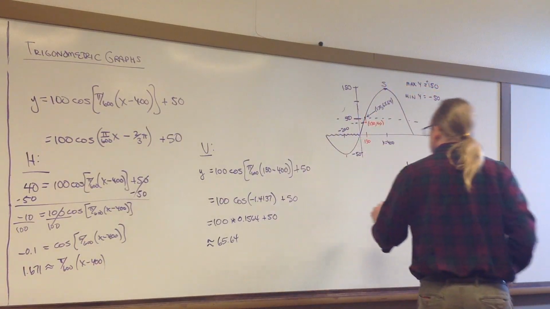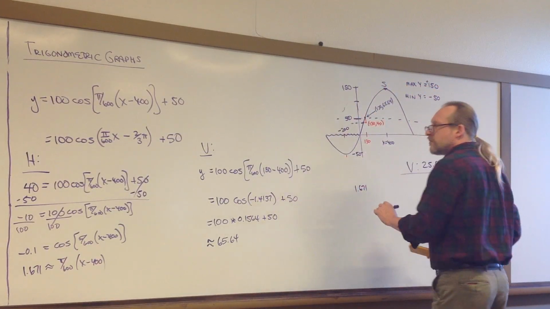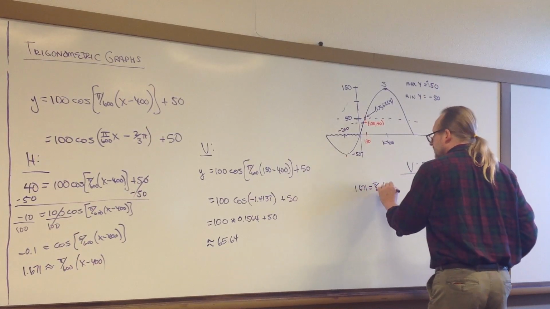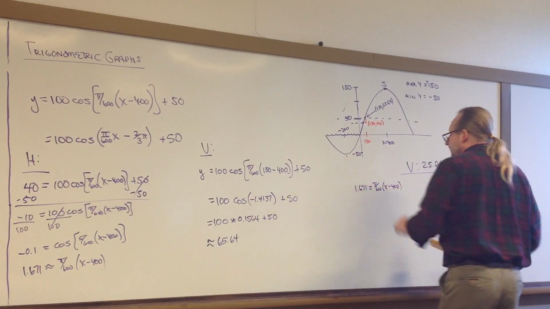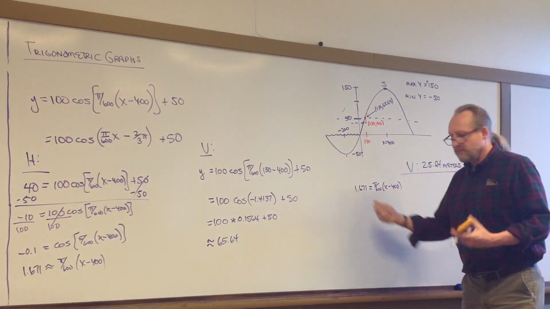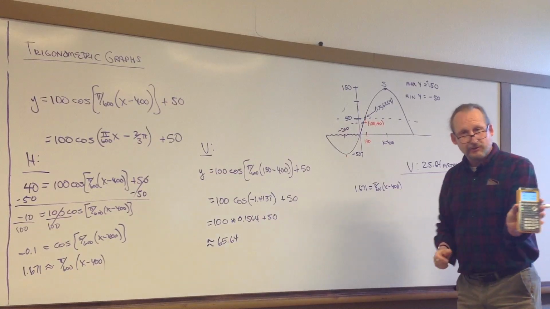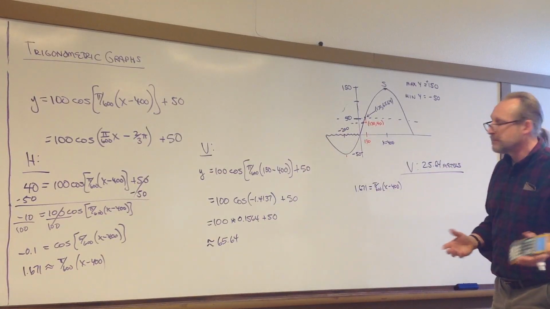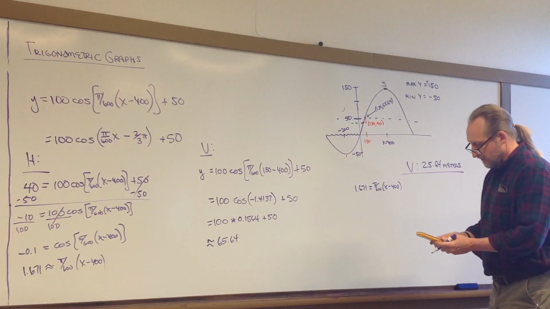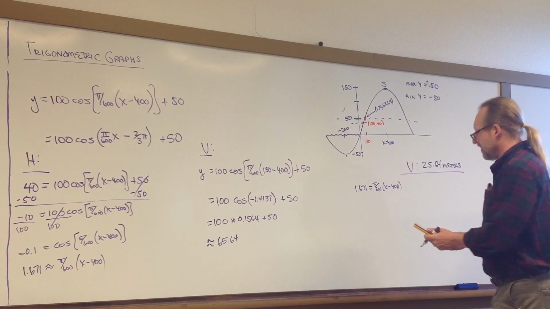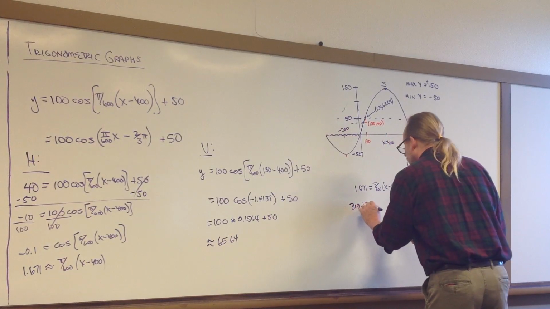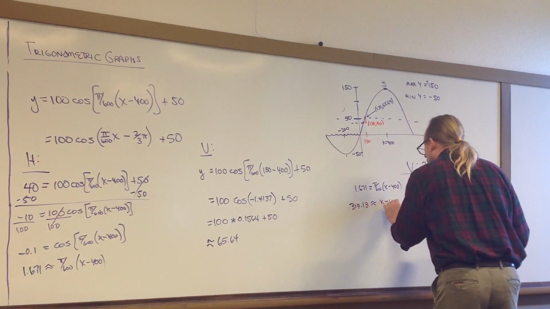Okay, let's see here. So, 1.671. I'm going to multiply that by 600 over pi, and then add 400 to it. And again, I've rounded it off to write it down. The full value is right there. There's no reason to replace it with a less accurate number. And I'm just going to multiply by 600 over pi, which will be about 319.13.